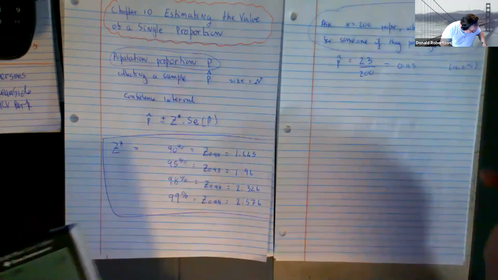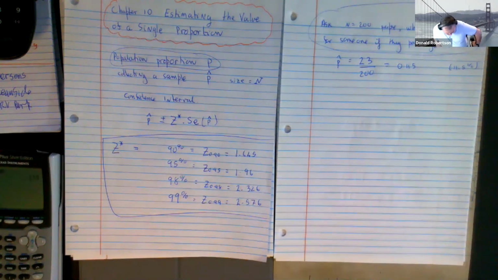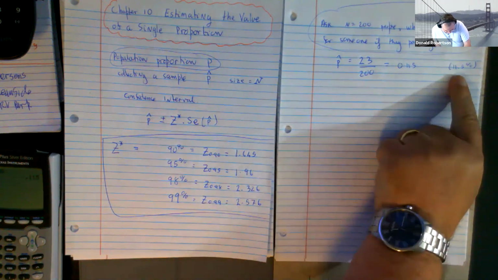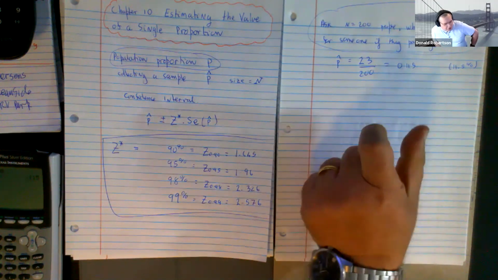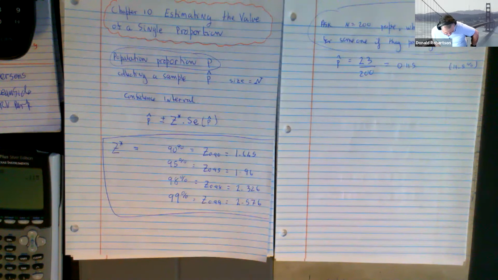But what we don't know yet is whether it's likely to be 11.5, or is there quite a big range, or quite a small range? How's that going to work itself out?